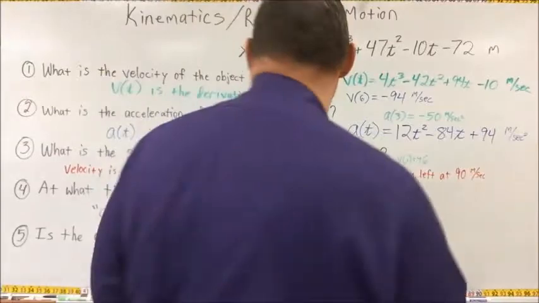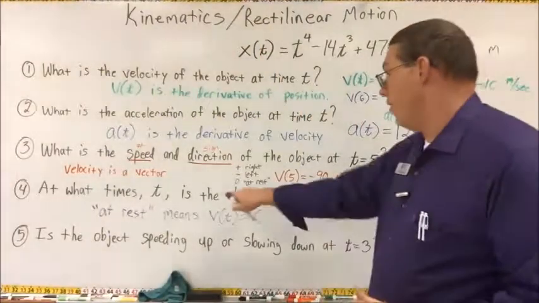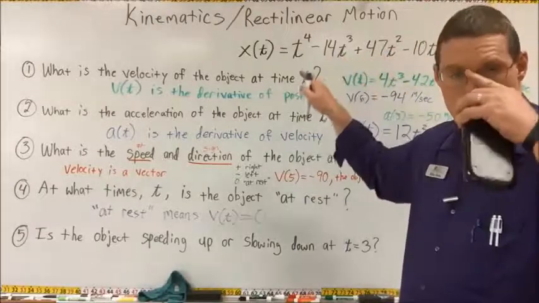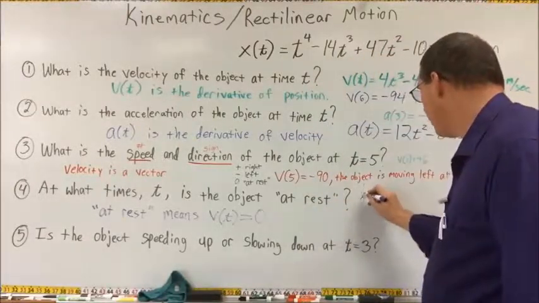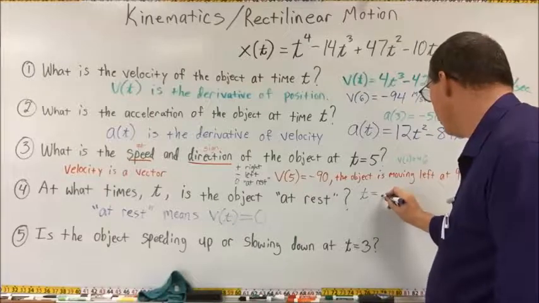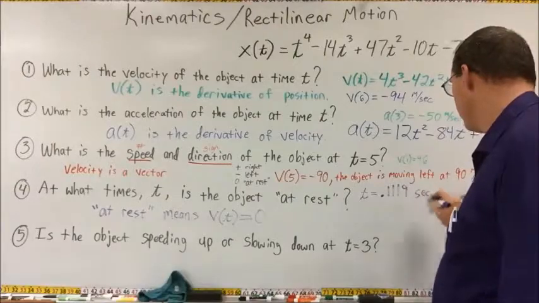So this object is at rest one time when t is equal to 0.1119 seconds, right? Because this is in seconds.